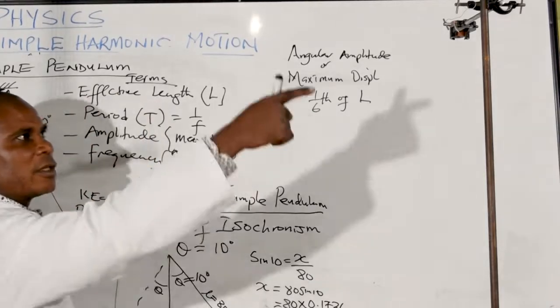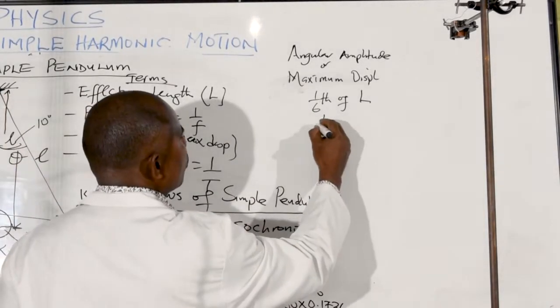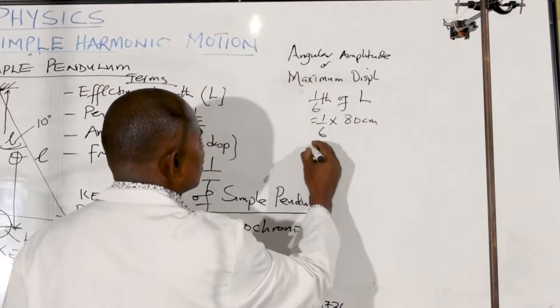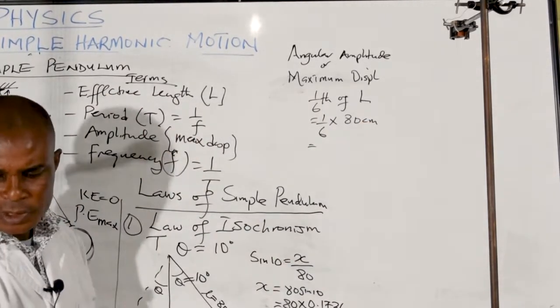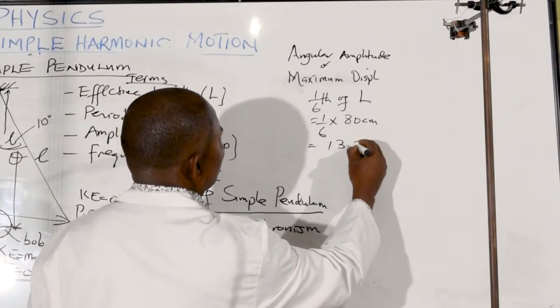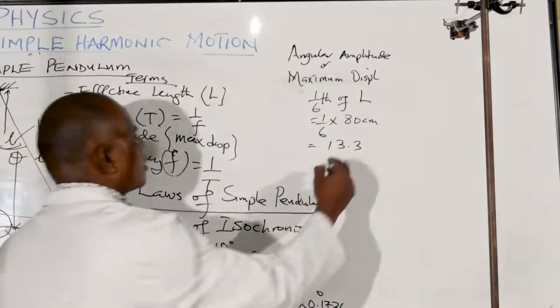So let's say this length is 80, so it's 1/6 of 80 centimeter, which is somewhere around 13.4. So let's say approximately 13.